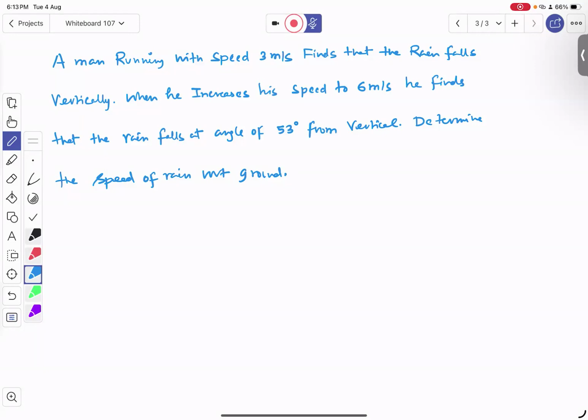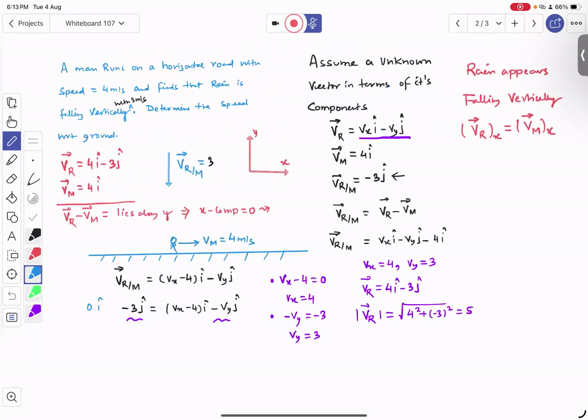Again, you can solve this question in the same manner. You assume that rain is falling with some component along x, some component along y, and beforehand you assume that the y component will be negative when I take upward as positive y. Once I write VR like this, how many unknowns do you have? Two unknowns, so we need two equations.